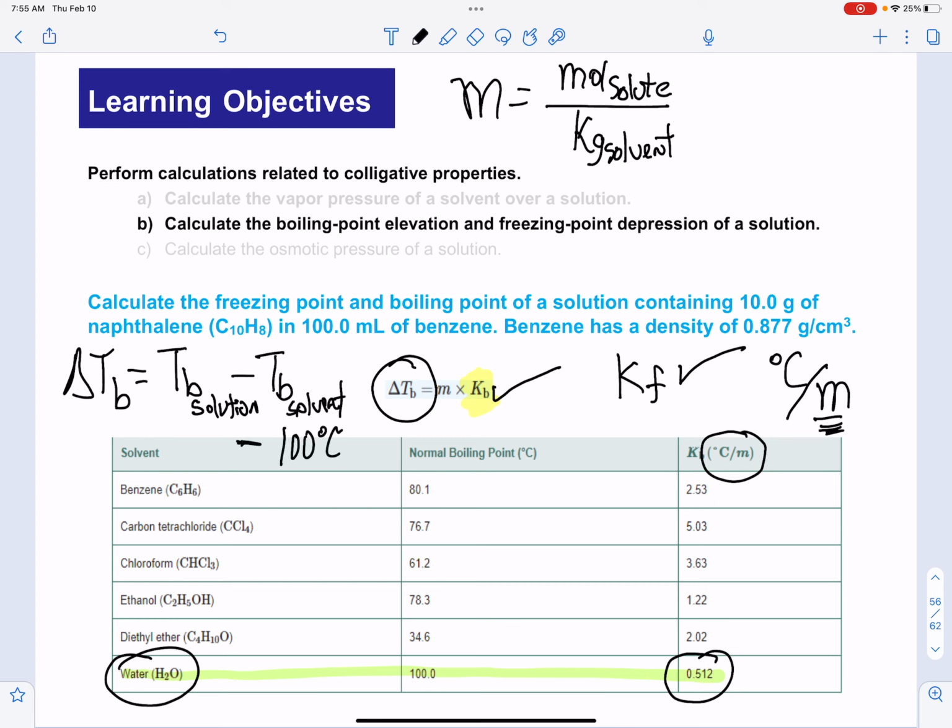Since we have new intermolecular forces, let's say arbitrarily that now the solution boils at 103. So what we're finding with the formula is the change in boiling point, which is going to be 3 degrees Celsius. But you have to be aware that that's nothing more than the new boiling point of the solution minus the boiling point of the pure solvent.